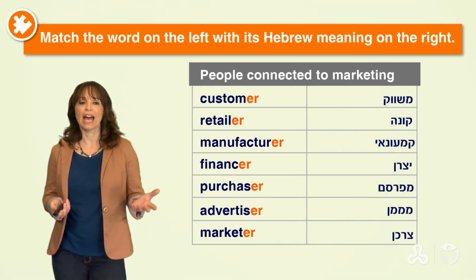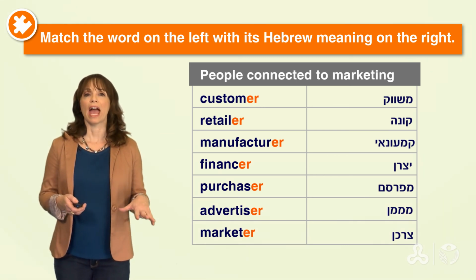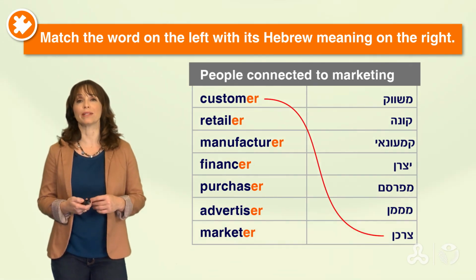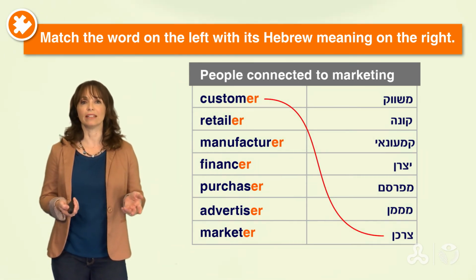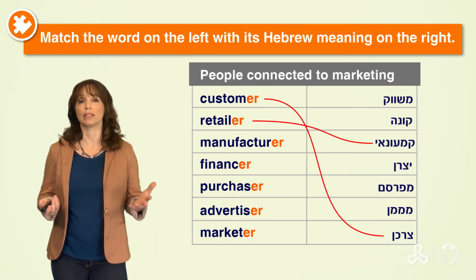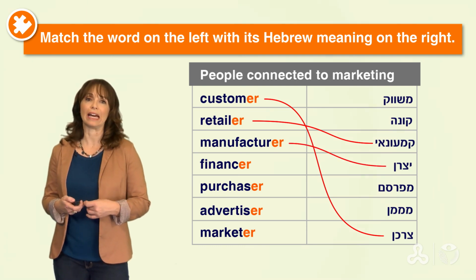So let's look at the answers for people connected to marketing and what is the meaning of the word in Hebrew. So the first one was customer. Customer means צרכן. Retailer, קמעונאי. כן, אותם מוכרים בחנויות. Manufacturer, יצרן.